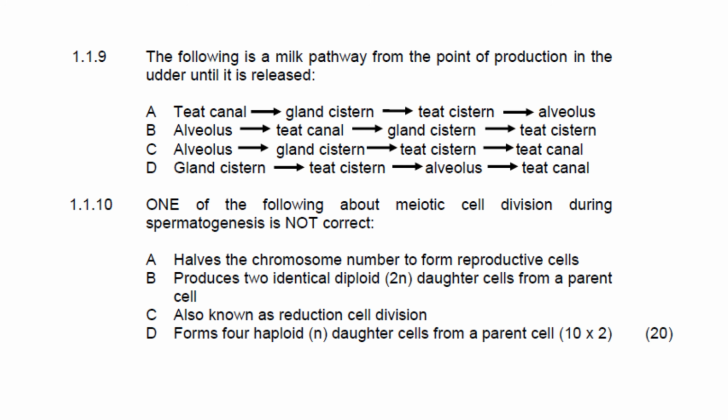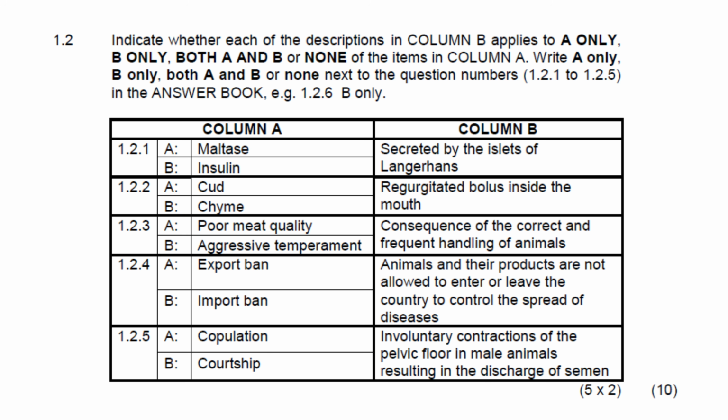Now, let's match column A with their correct descriptions in column B. So, secreted by islets of Langerhans. We only have maltase versus insulin, and the correct answer there is B only.